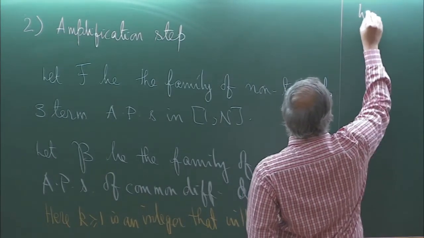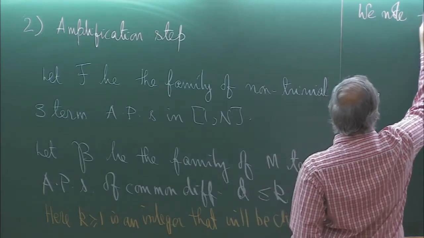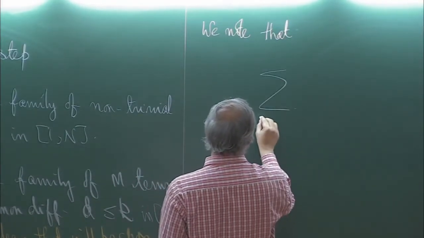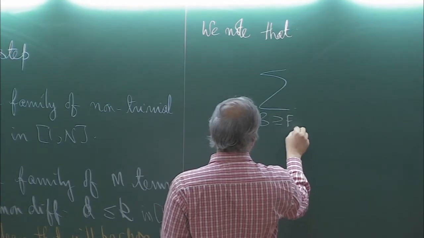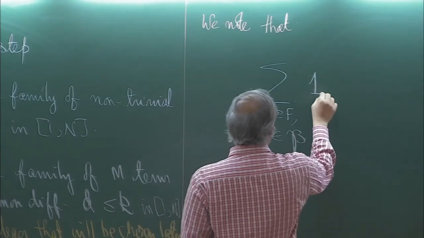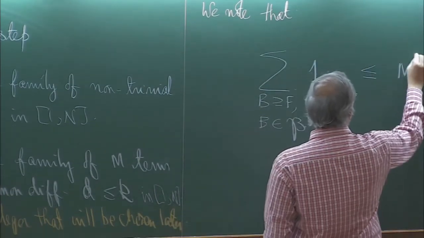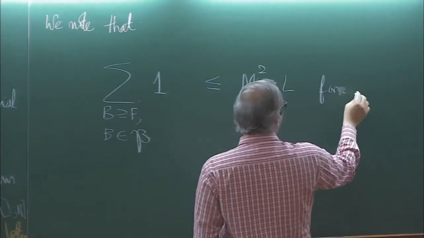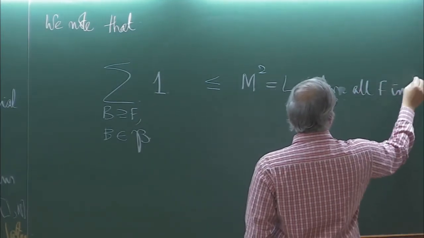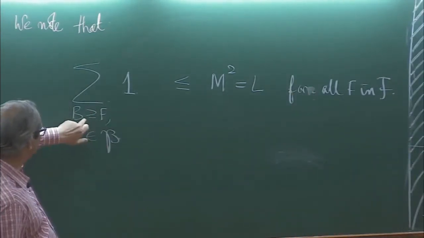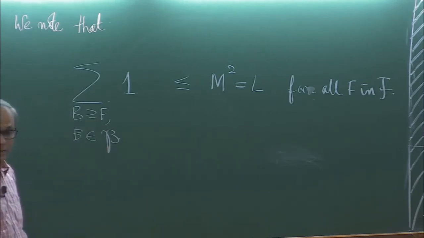So we note that the sum over B in B containing f of 1 is less than or equal to m squared, which is L, for all f in F. What this sum means is that it counts the number of m-term APs that contain a given 3-term AP, and this is a uniform bound.